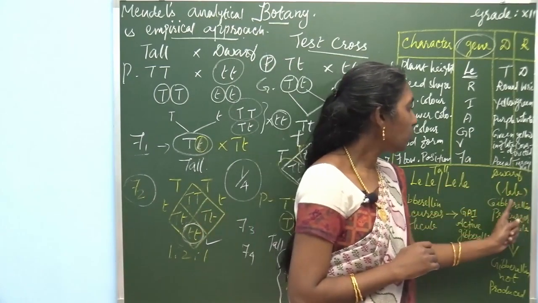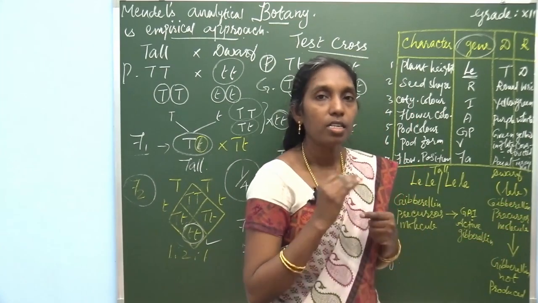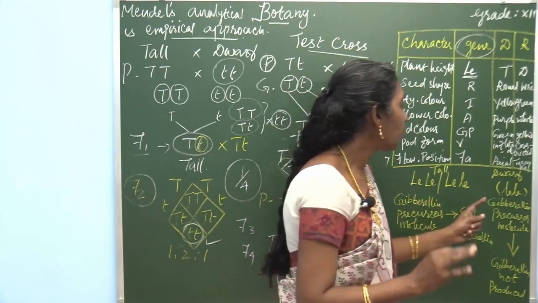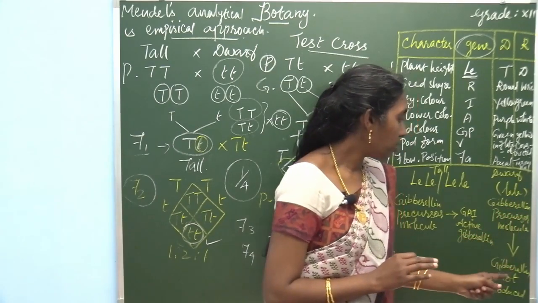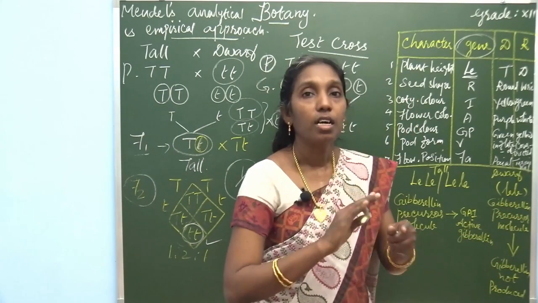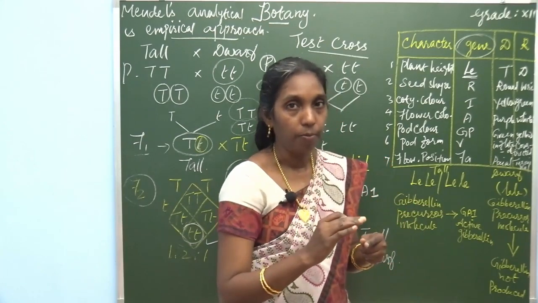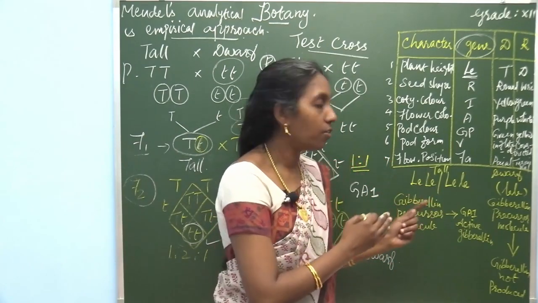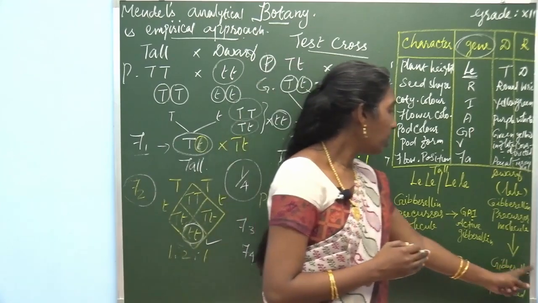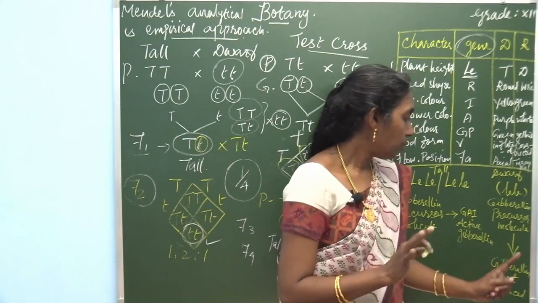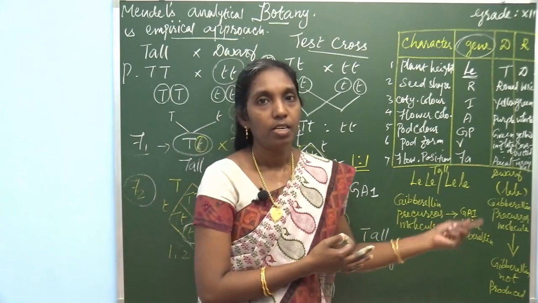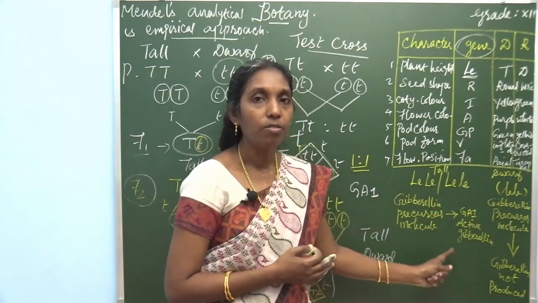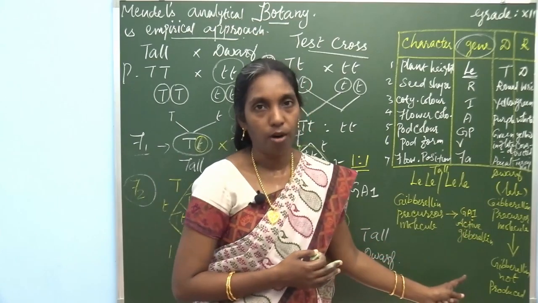But this is the dwarf, which is a recessive trait, possessing small l small e. And here the gibberellin precursor molecule is in inactive form, it is not converted into the active form like GA1. So, gibberellin is not produced, and it shows the dwarf character. So, this is the molecular explanation of tall and dwarf.